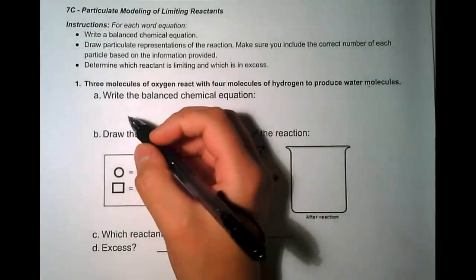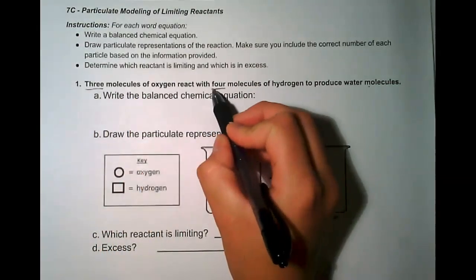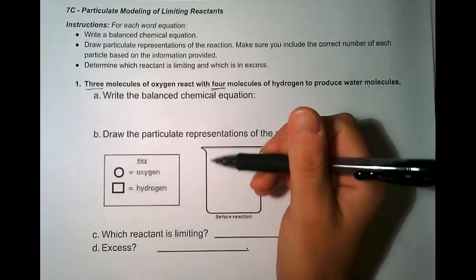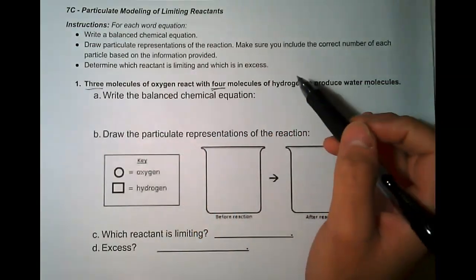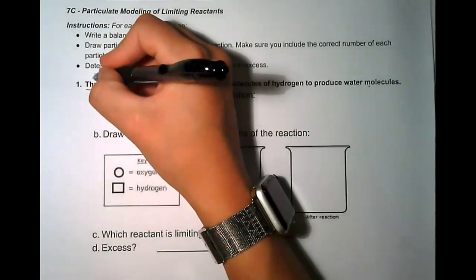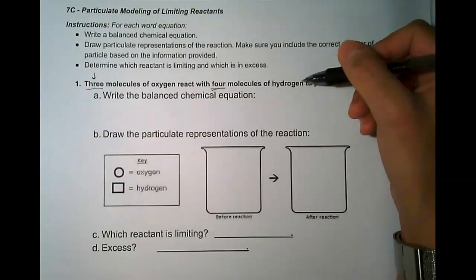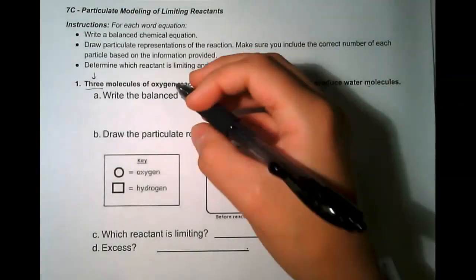So when we're doing this, we can't pay any attention to how many molecules it says in the problem. We just need to write the reactants and the products and then balance the equation with coefficients. If we write 3O2 plus 4H2 yield H2O, that's not going to be a balanced chemical equation.